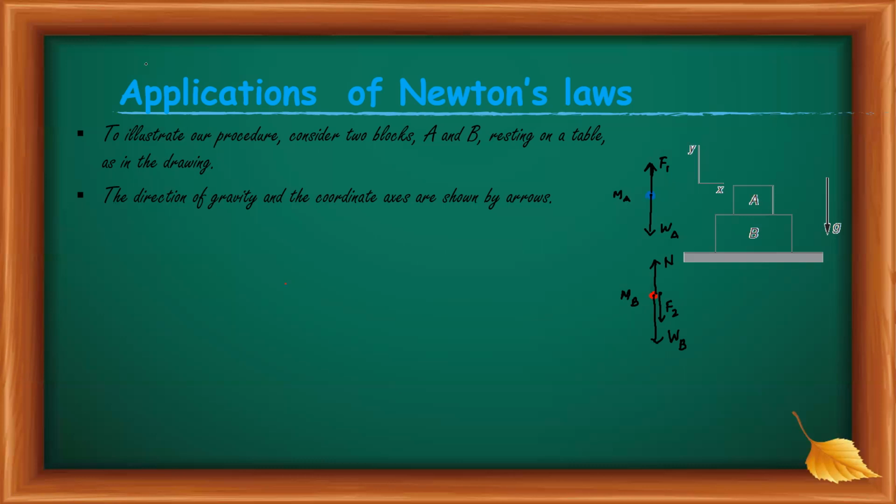Here for mass A, there is an upward force F1, that is due to B, and WA is the weight acting downward.